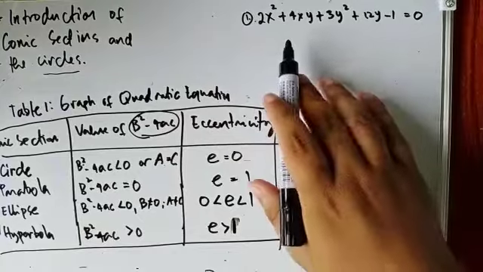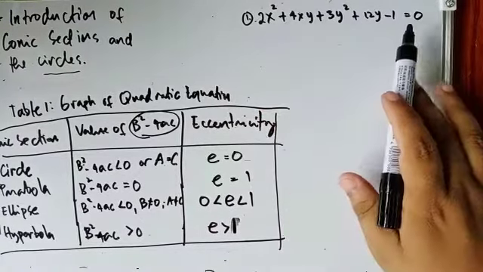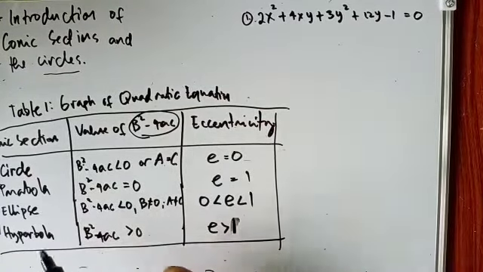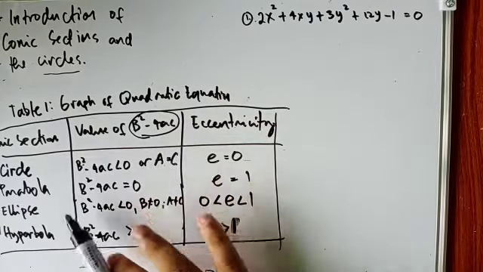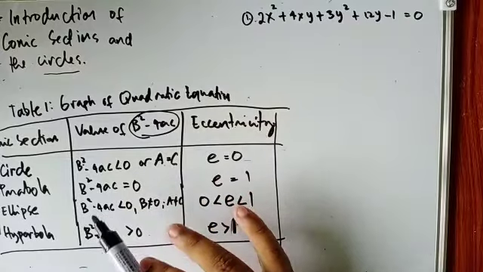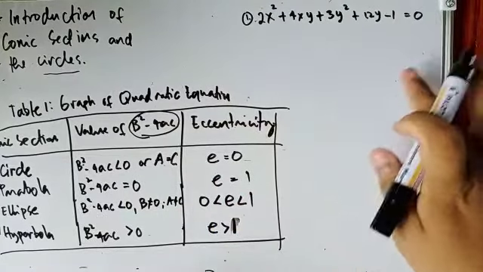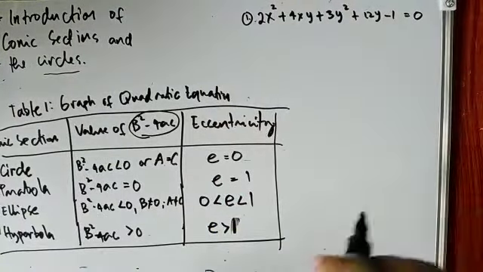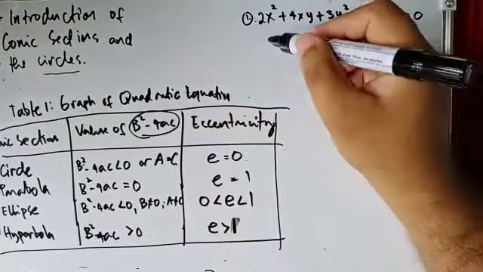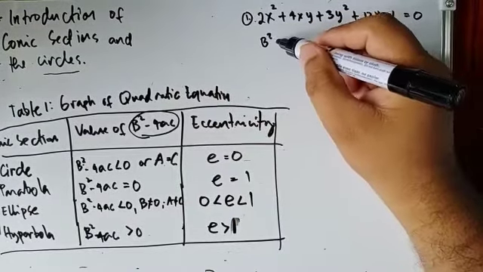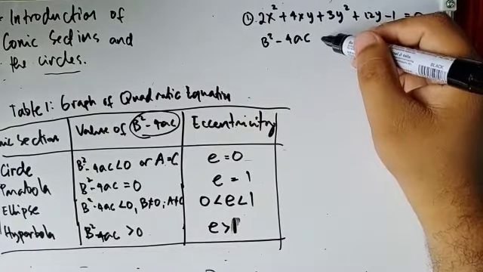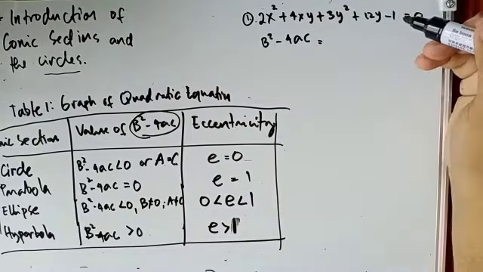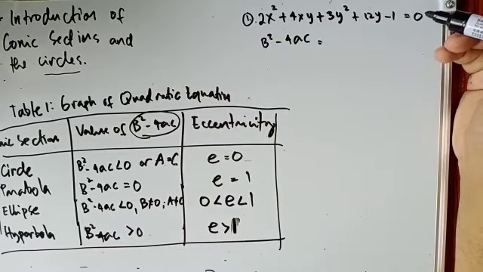Now, sa tingin nyo, yung equation na 'to, ano ba 'to? Is it a circle, parabola, ellipse, or hyperbola? Dito natin magagamit yung idea na 'to. So, let's try to check kung anong klaseng conic section 'to. Sige. Ulit yung formula natin: B squared minus 4AC. Substitute lang natin siya. So, ano yung B natin dito?